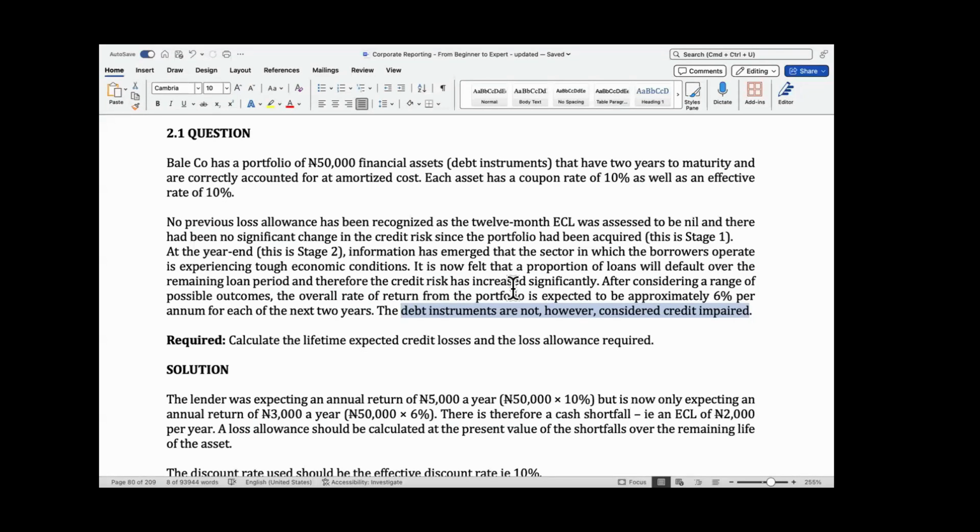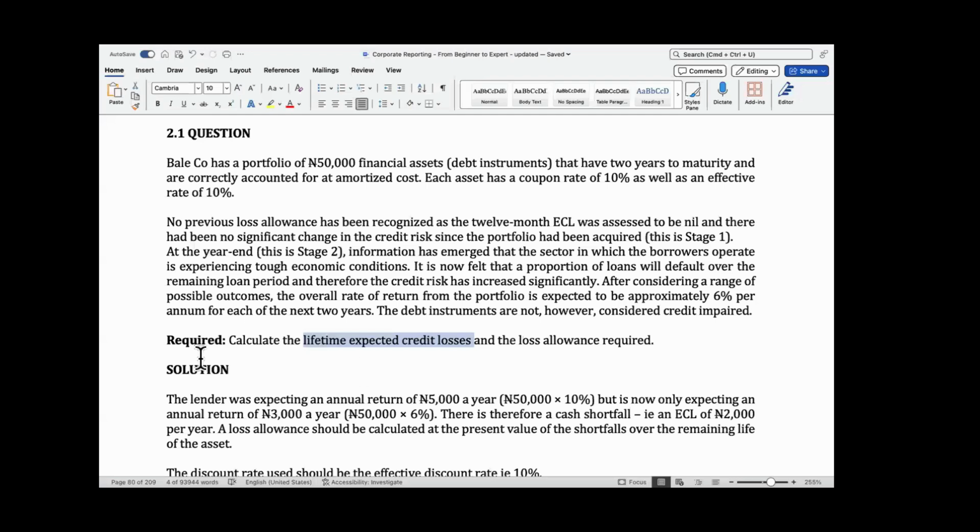They now said we should calculate the lifetime ECL and the loss allowance required. Of course, since it's stage 2 and the credit risk has increased significantly, we'll make a lifetime ECL. So how do we do this?